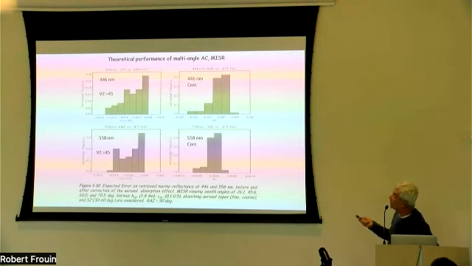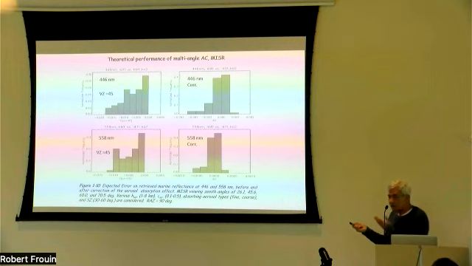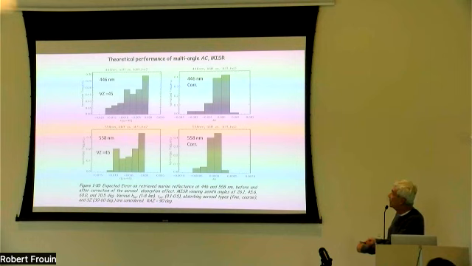And these are some theoretical simulations for the multi-angle atmospheric correction using MISR. I don't know if you know MISR, it's an instrument that measures in 9 directions. And so you can apply this technique to MISR if you wish.